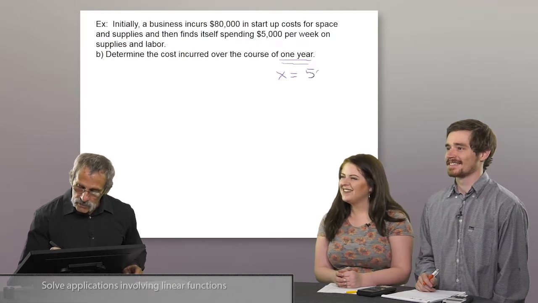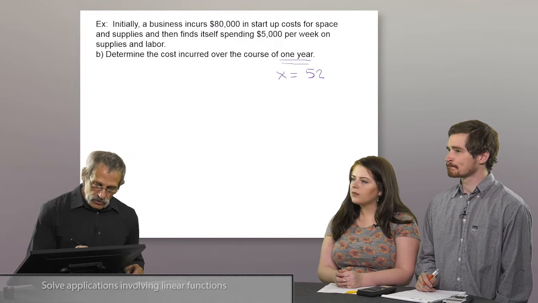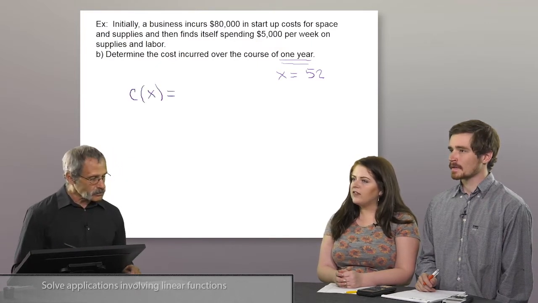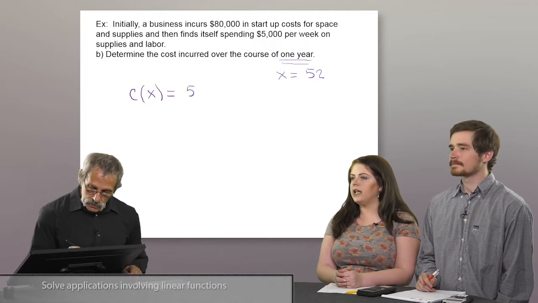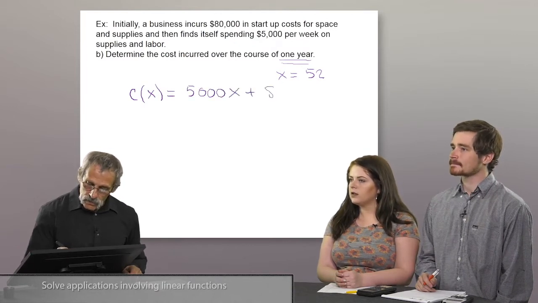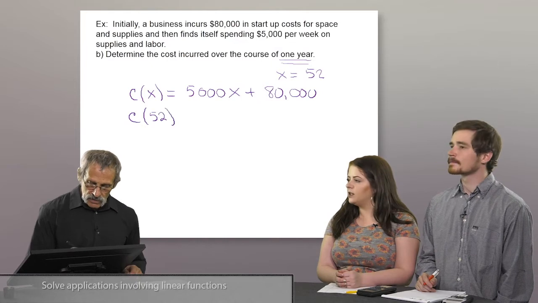That's great. The output is the cost, right? So what I want to do is evaluate this function. Do you remember what the function was? 5,000x plus 80,000. Let me write that down. And I want to evaluate this cost at what? At x equals 52. Very good.